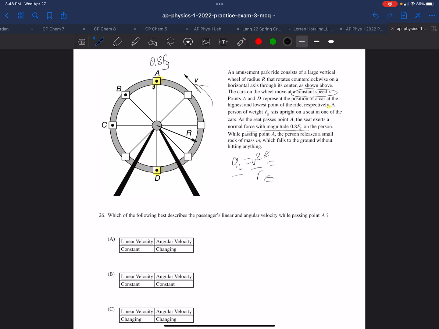So what describes the passenger's linear and angular velocity while passing point A? Well, the linear velocity at point A is directed tangent to the circle, like so. And they're using velocity, so direction matters.